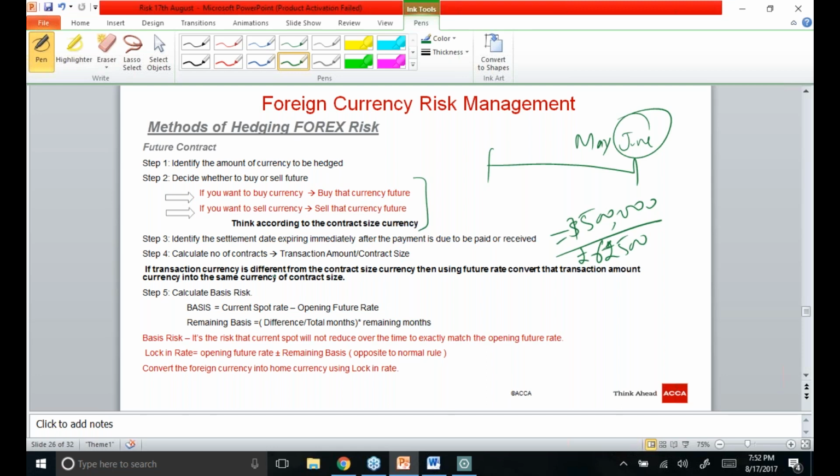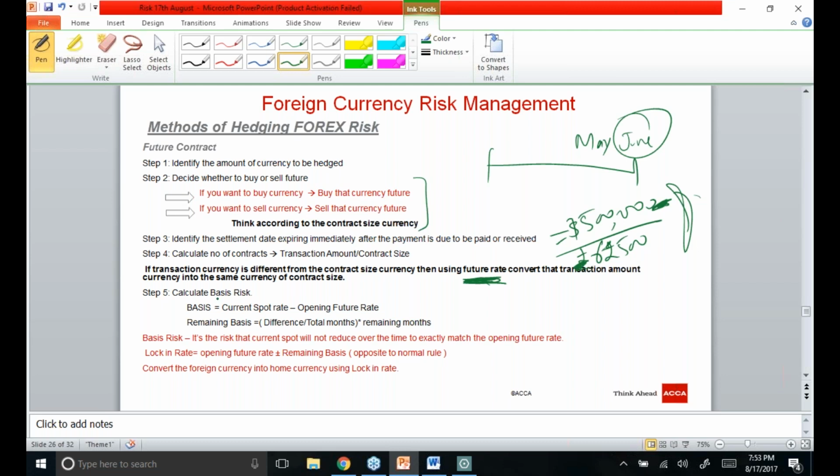If the transaction currency is different from the contract size currency, then using the future rate which you have selected in the above steps, convert the transaction amount currency into the same currency as the contract size.